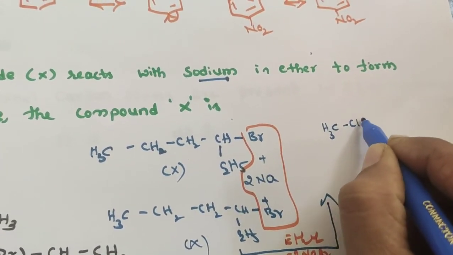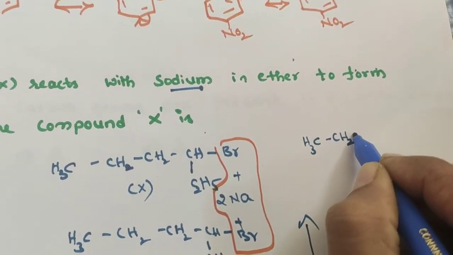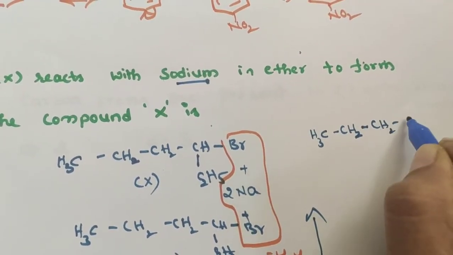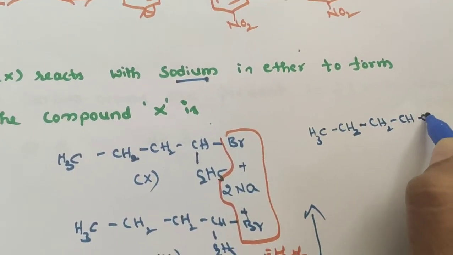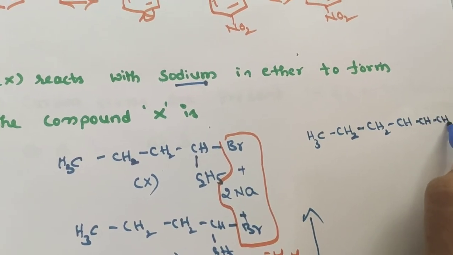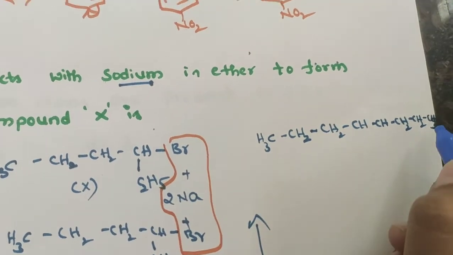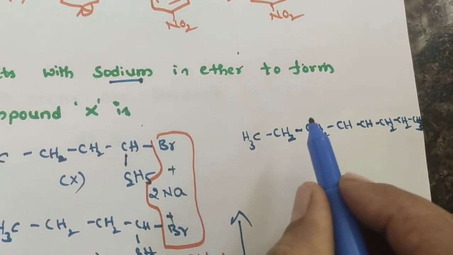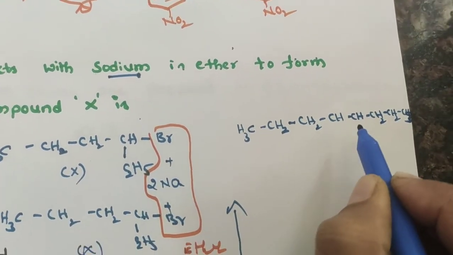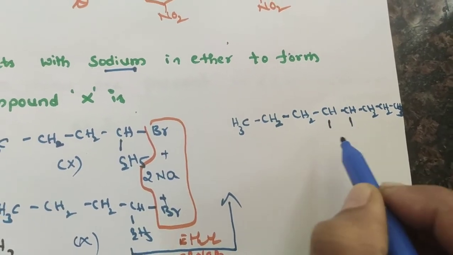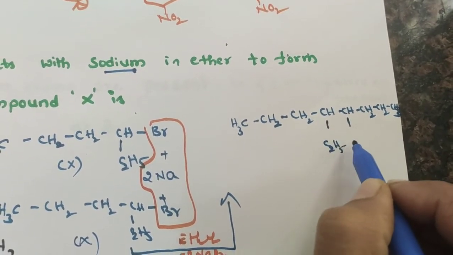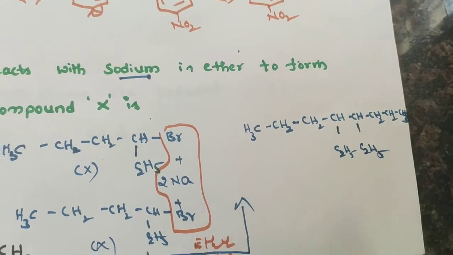CH3, CH2, CH2, CH, CH, CH2, CH2, CH3. At which positions are the CH there? Here CH and here CH. There is a C2H5, C2H5.